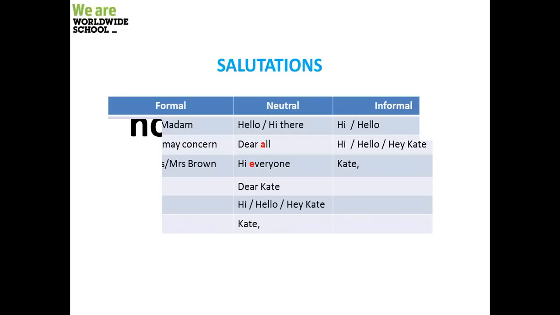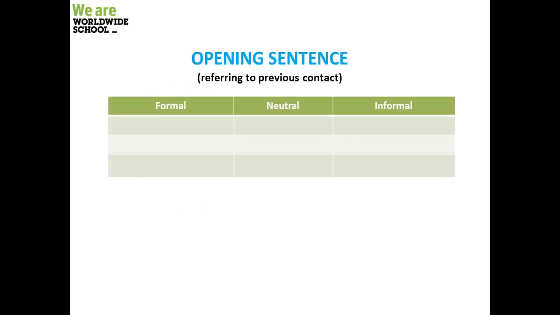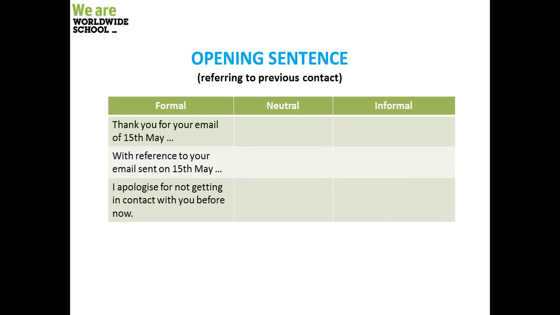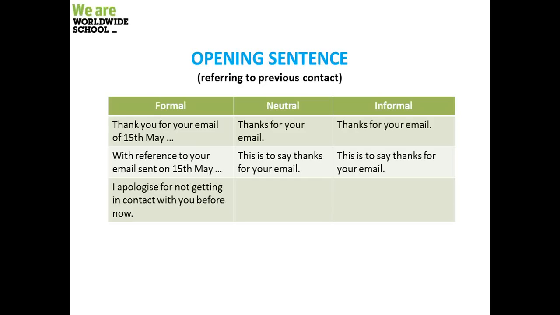Okay, that was easy. Now let's move on to the opening lines. Now, in here, we will be trying to refer to previous contact. So let's see. We can do it in that way. Thank you for your email of the 15th of May, right? A formal opening sentence, or with reference to your email sent on the 15th of May.